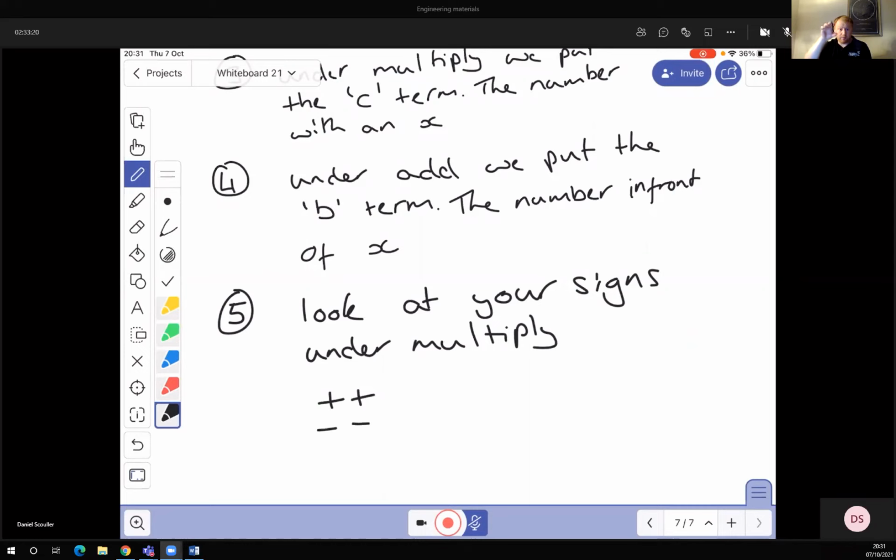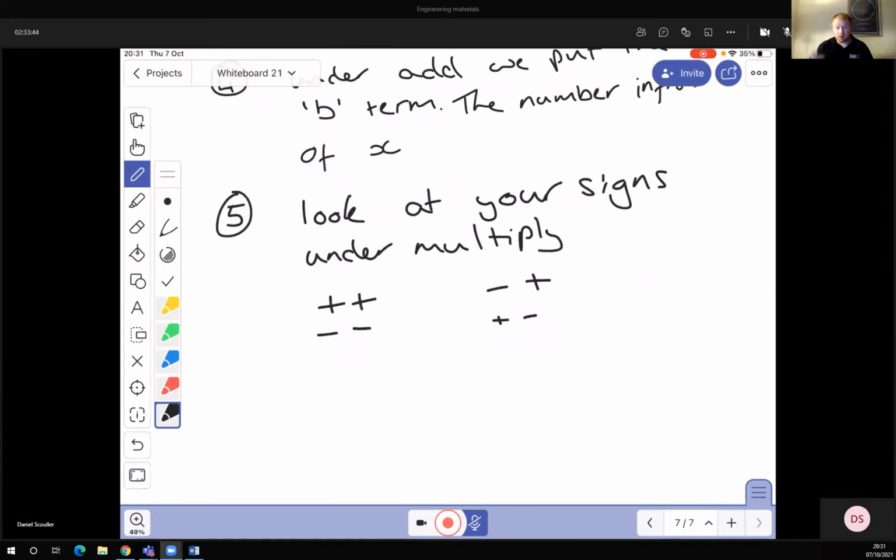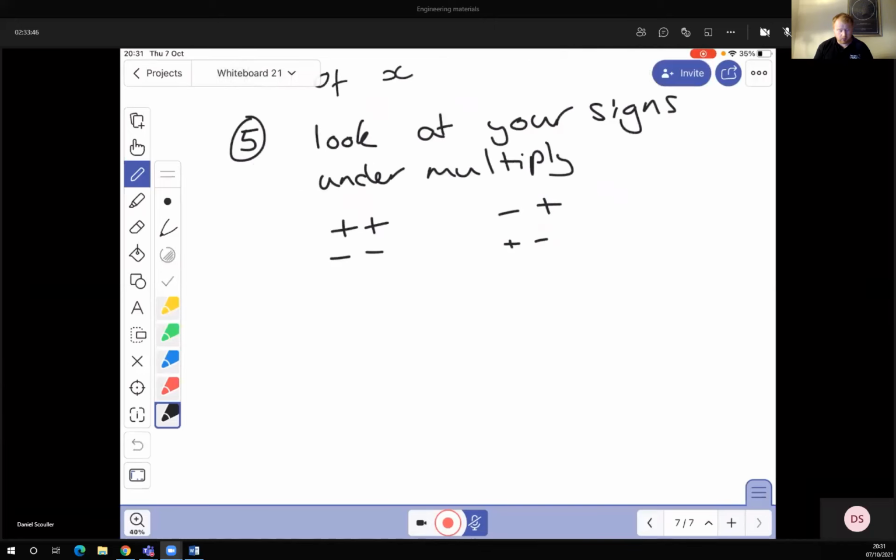If the number we've picked out, that C, is a positive, put positive positive, negative negative. Or if the number is negative, it's a negative and a positive, or a positive and a negative. It's just a good wee habit to get into, a wee reminder to yourself. It won't gain you a mark, but it certainly won't lose you a mark.